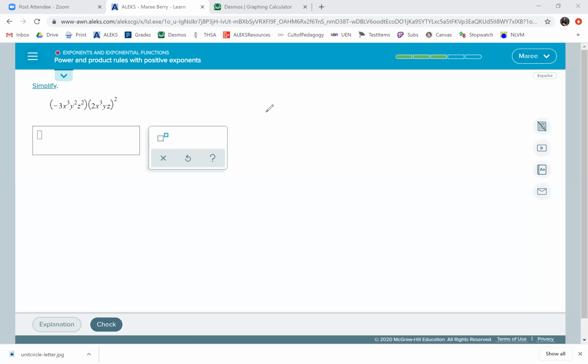Okay, the first one is -3 times x cubed times y squared times z squared. So we don't have to raise these to any, but I like separating them. Notice I don't separate the negative and the 3 because it's just -1 times a +3 and just easier to write -3. Now I'm squaring all of these.